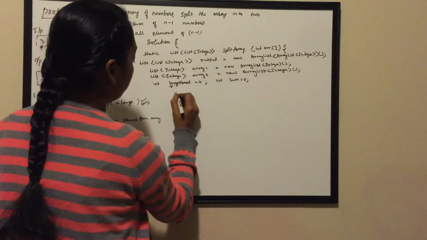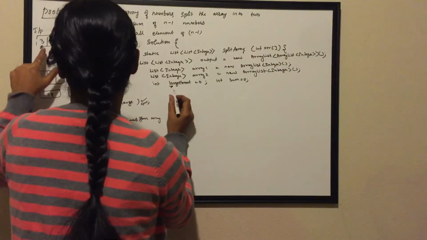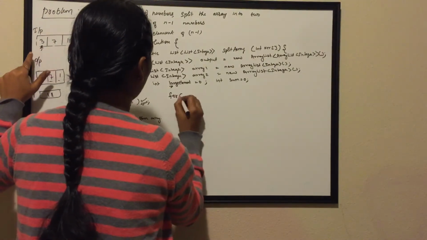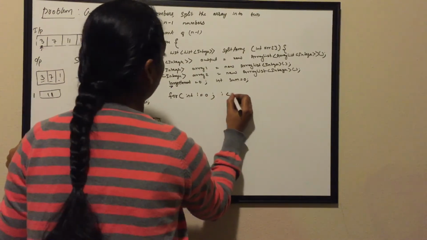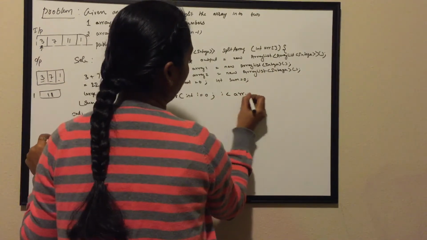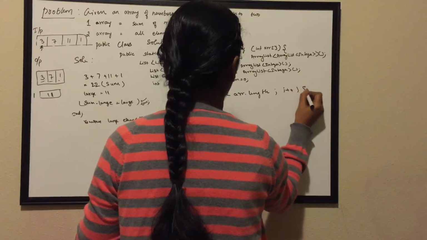I just have a starting code, and then I will start with this. I'll just do a for loop of int i equal to 0, i less than array length, i plus plus.